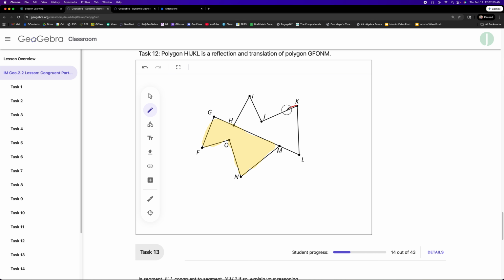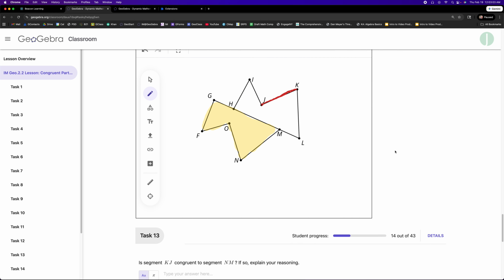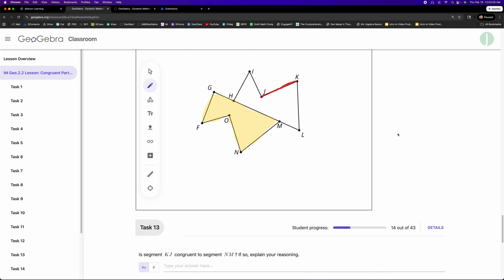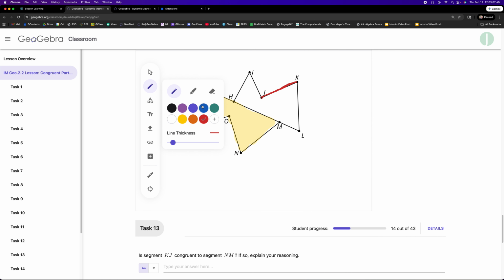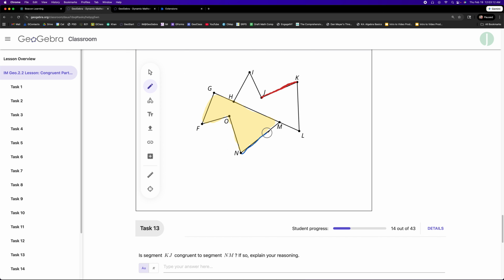So the question is, is this congruent to NM? Let's make that one a different color down here. So we're asking if these two are the same, if they are congruent.